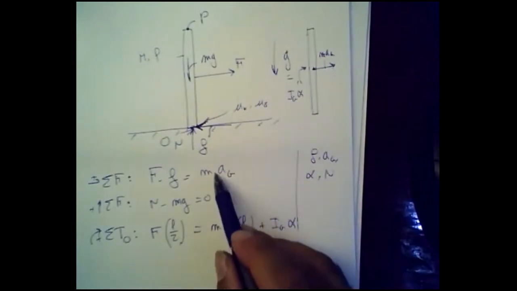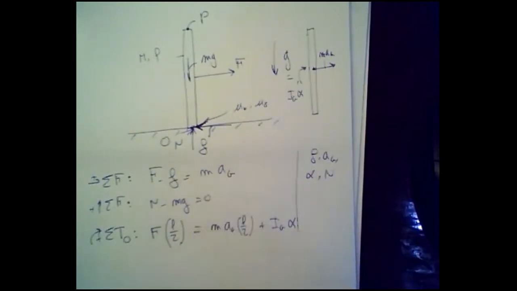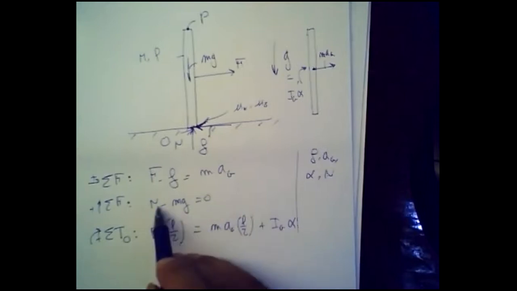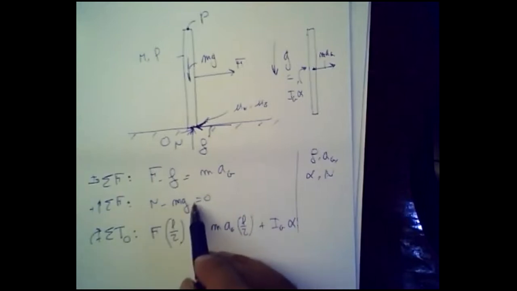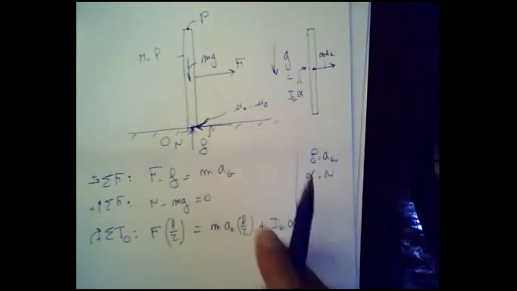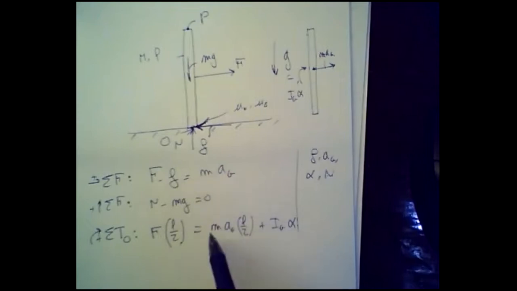How many equations do I have? I have 3 equations, so I'm not able to solve all of them. I may only be able to solve for N, because that equation is one equation, one unknown, so N is equal to mg. But this equation and that equation, 2 equations, contain 3 unknowns, which are F, AG, and alpha. So what do I have to do here?